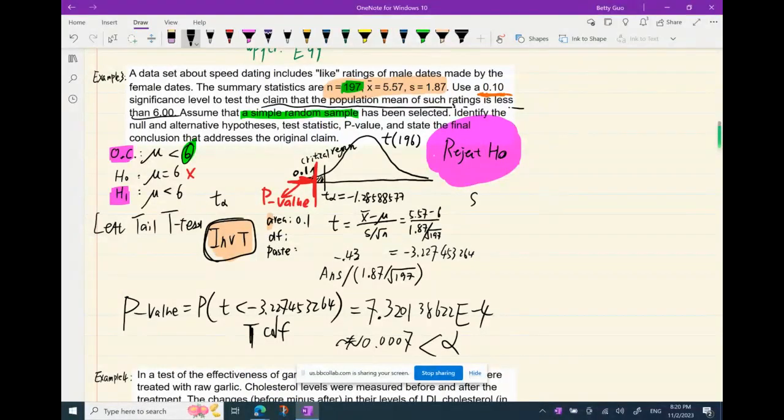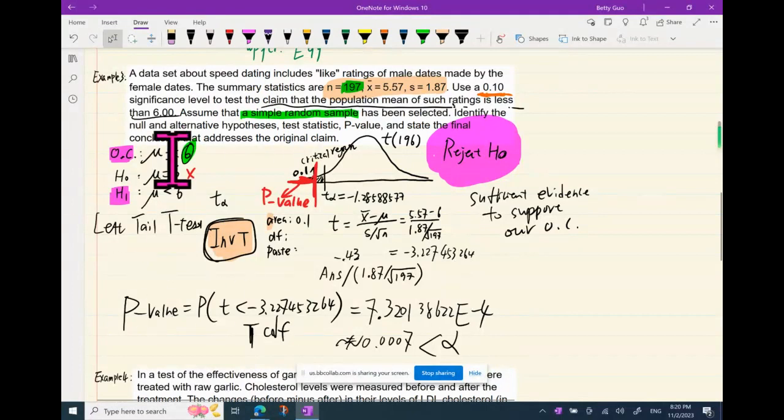So we can say we have sufficient evidence to support our original claim, because we reject the null. Reject null, we have sufficient evidence to support our original claim.